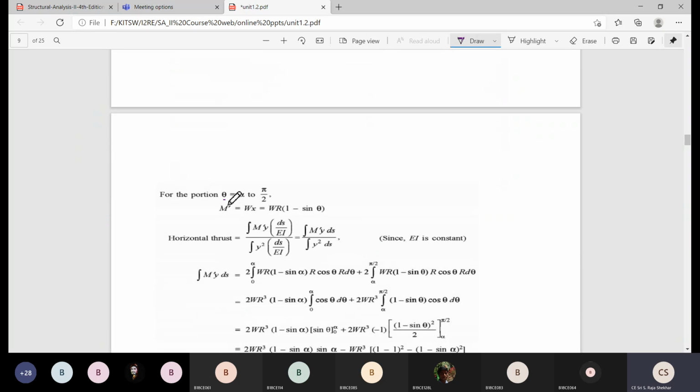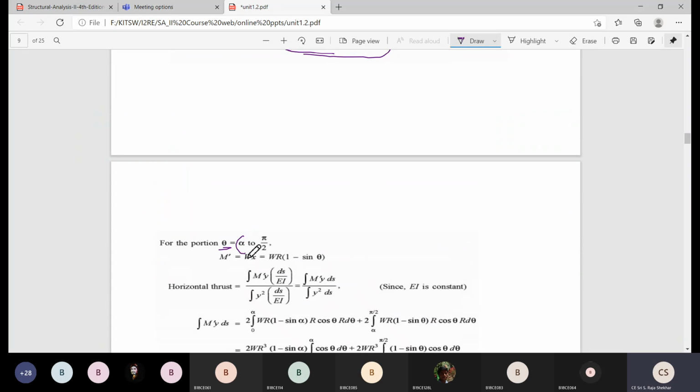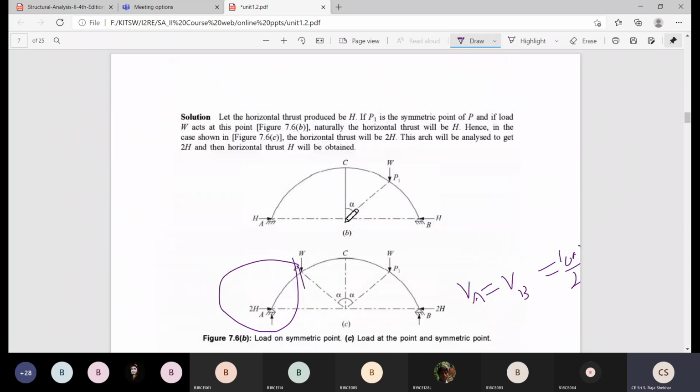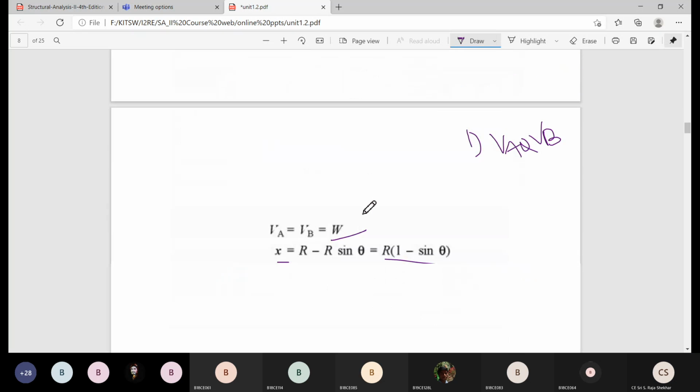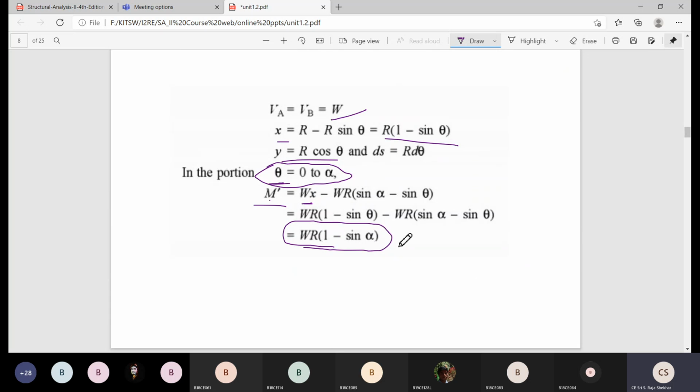Now in the other portion, theta varies from alpha to pi by 2, that is alpha to 90 degrees. In the earlier portion theta varies from 0 to alpha.